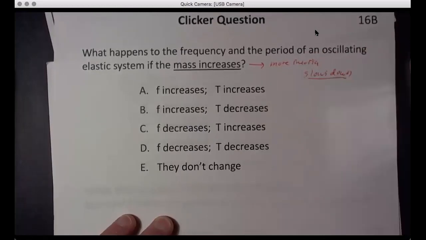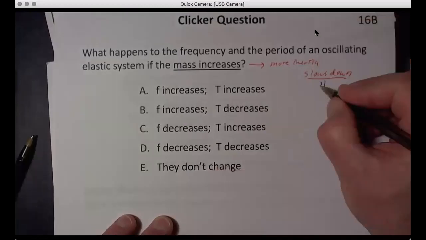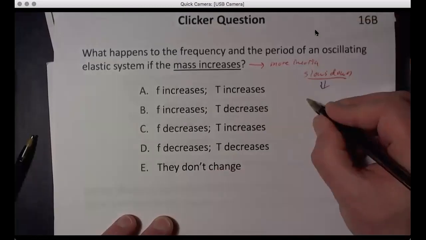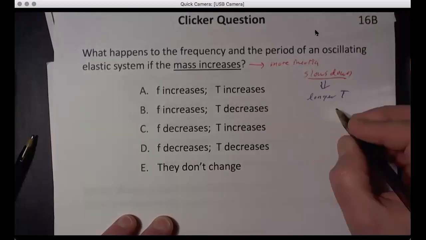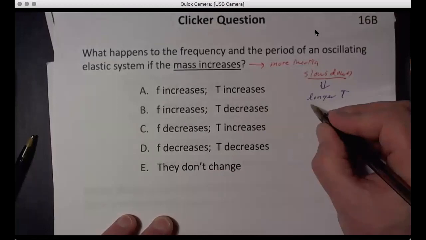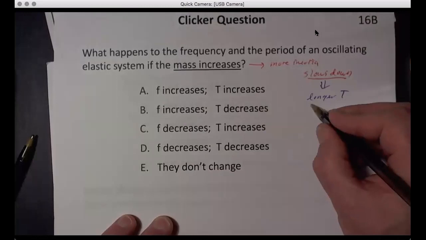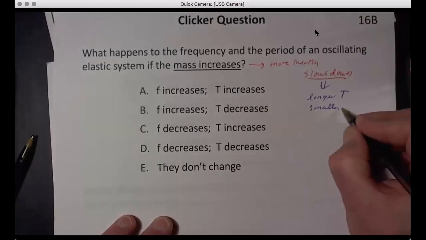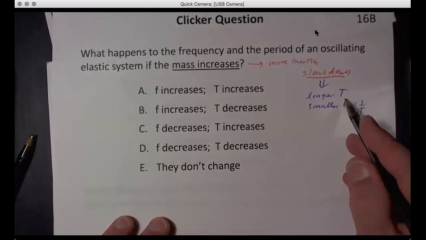And if it slows down, what does that mean? It means a longer period or a smaller frequency, which is of course equal to 1 over the period, right? The period gets bigger, the frequency gets smaller.